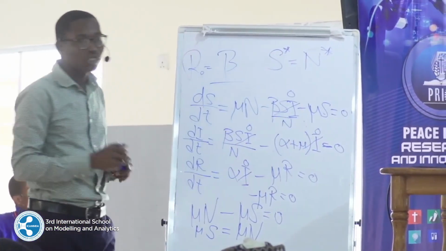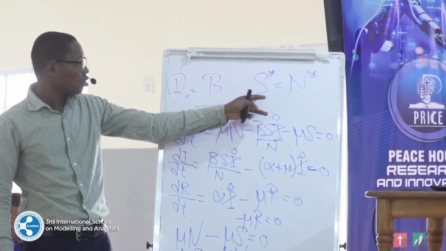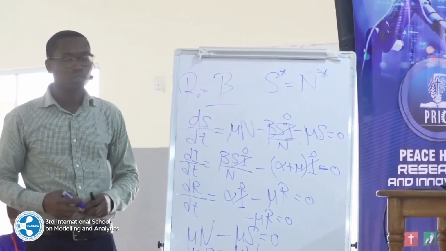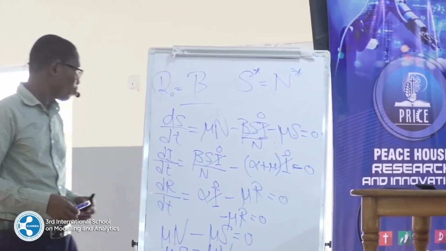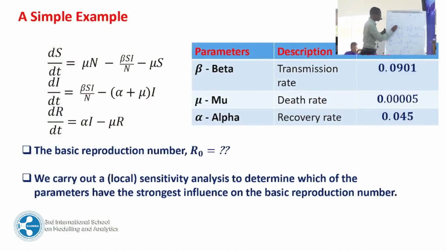So at the disease-free equilibrium, our susceptible population equals the entire population.